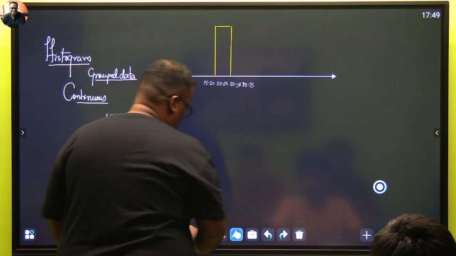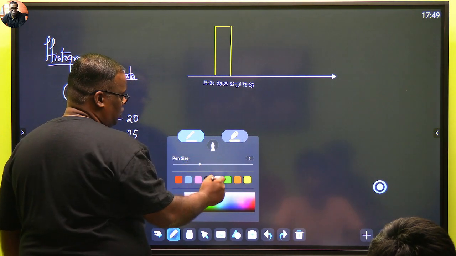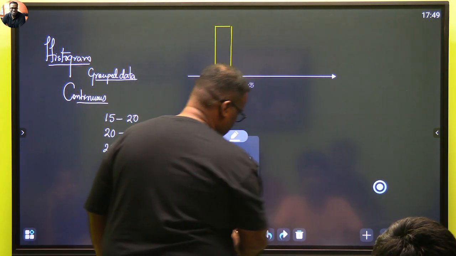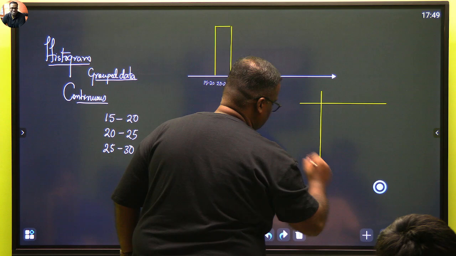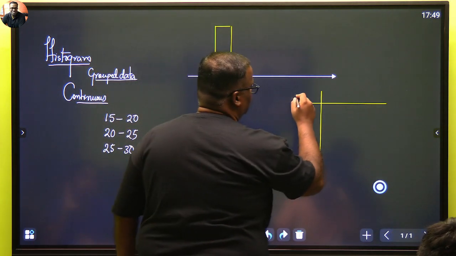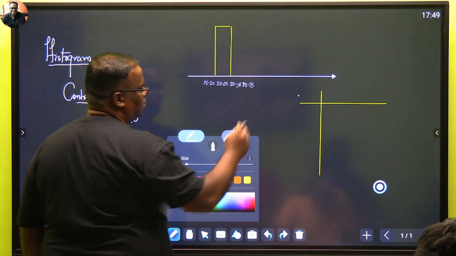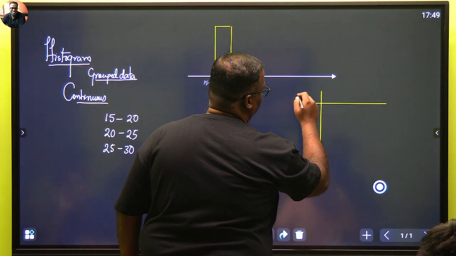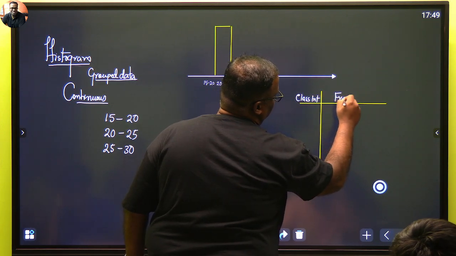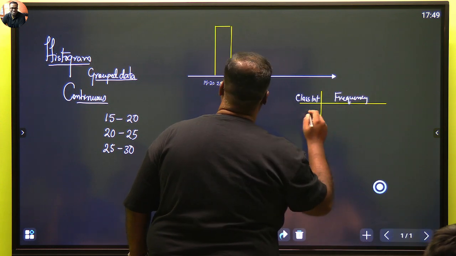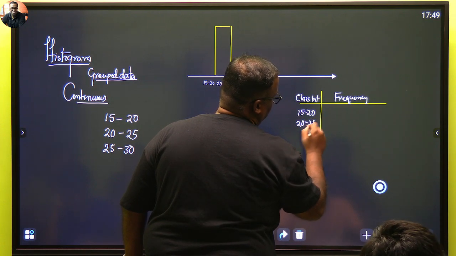Your data table is like this, in which this is the class interval and this is the frequency. We have 15 to 20, 20 to 25 and 25 to 30.